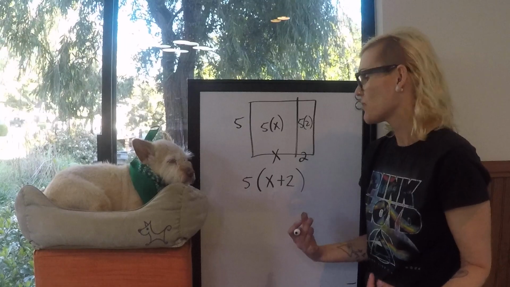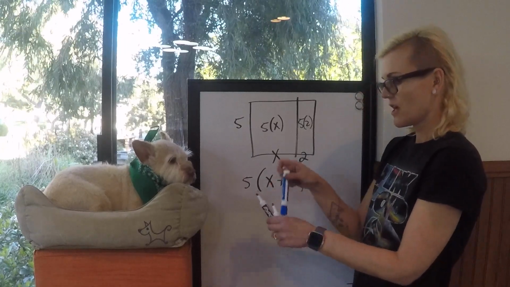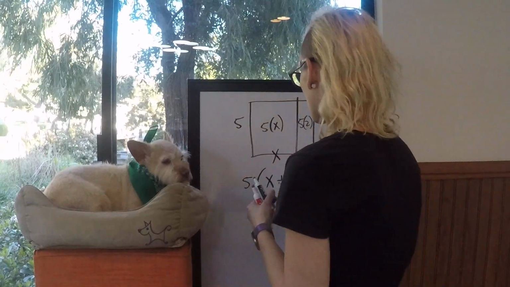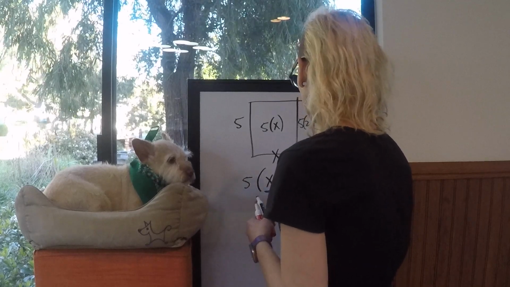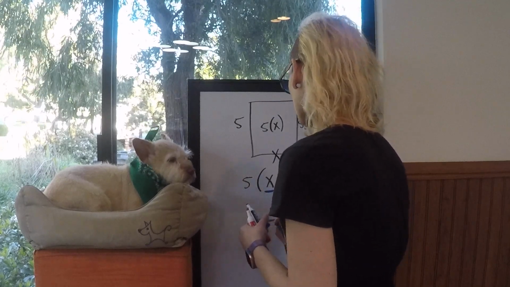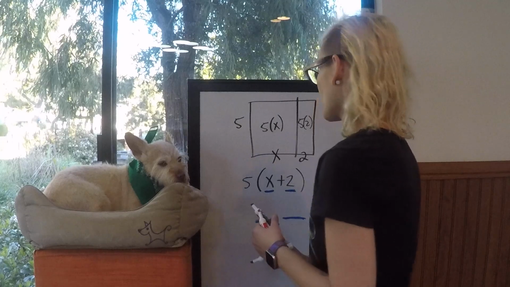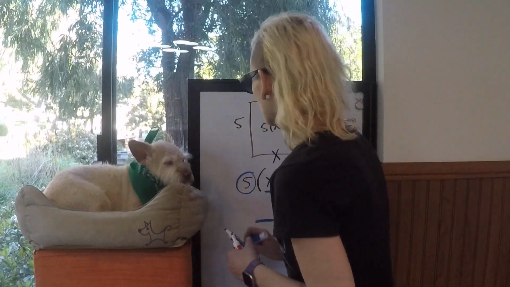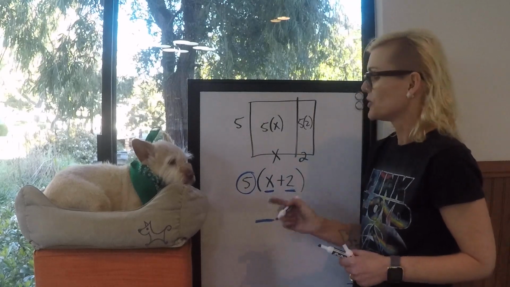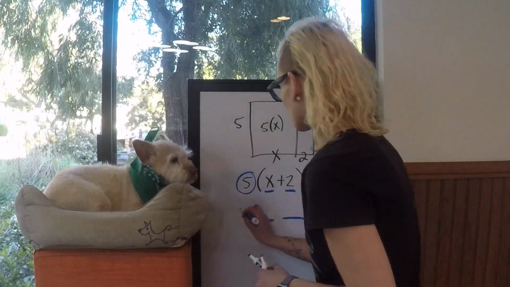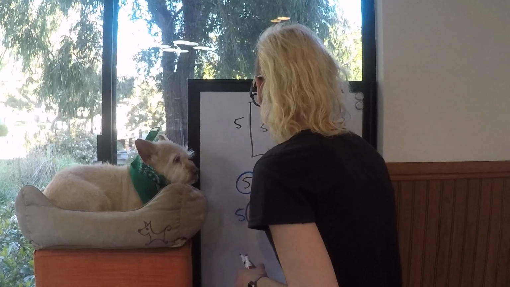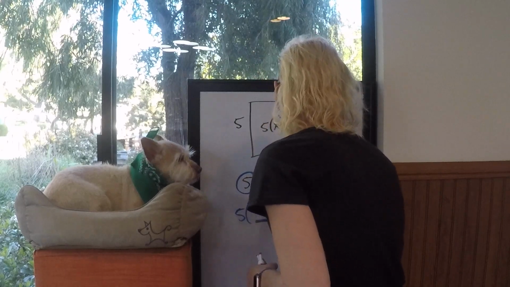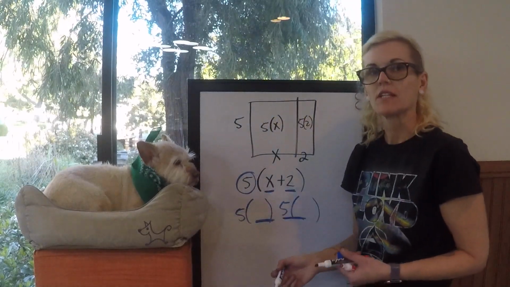And the distributive property says this. However many terms are on the inside, that's how many terms I'm going to get out. And the number that's touching the parentheses, that's the number that's being distributed. So 5 is going to get distributed to each of my terms on the inside.